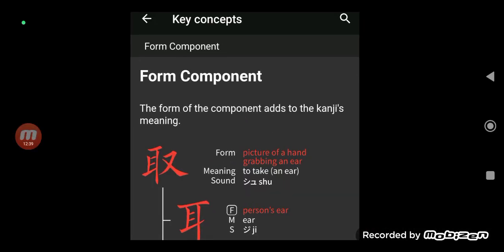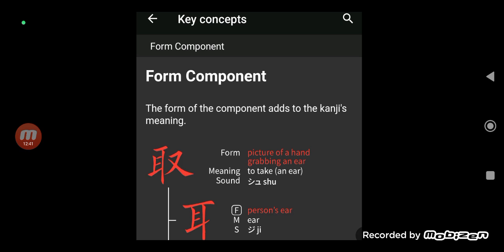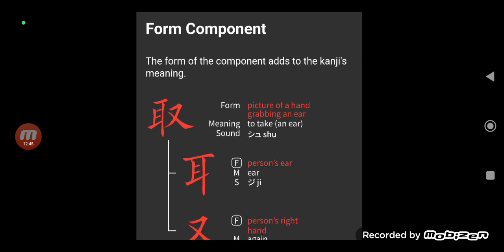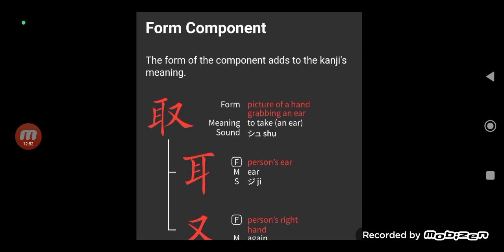Please take a look at this. Okay, so form component, or form radical: the form of the form component adds to the kanji's meaning. So I want to emphasize here, minasan, everyone, that it is not only the meaning component that points out or hints or gives meaning to a kanji.